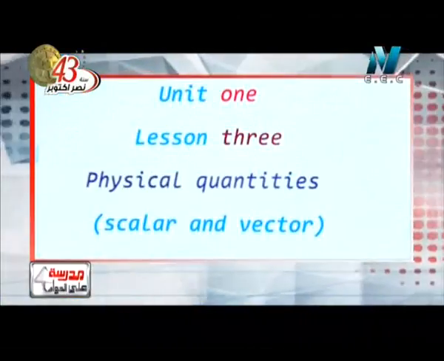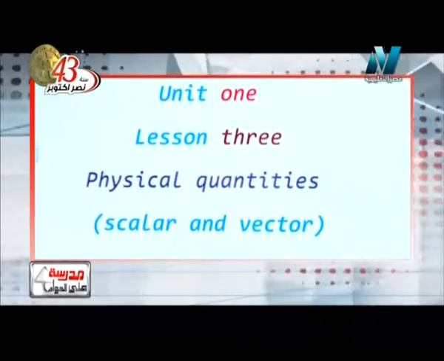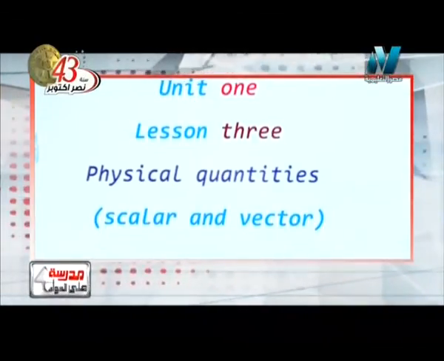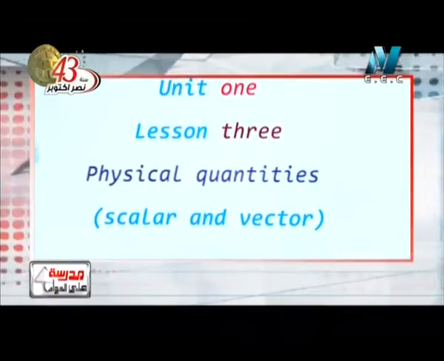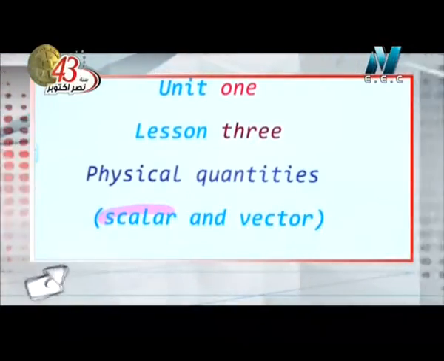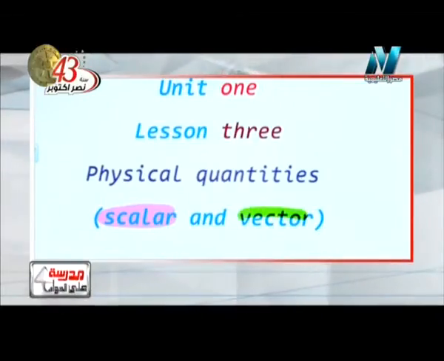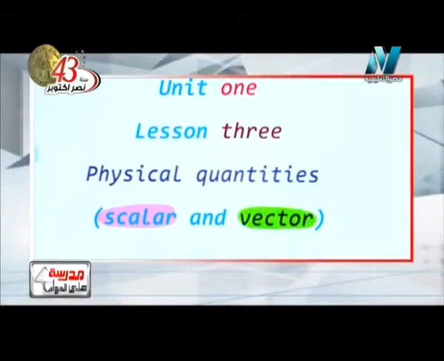We should deal with these types of physical quantities, and we know how to define each one of them. As we have here, Unit 1, Lesson 3, Physical Quantities, Scalar and Vector. So from this title, we know we have two types of physical quantities: scalar physical quantities and vector physical quantities. How can we differentiate between each one of them?